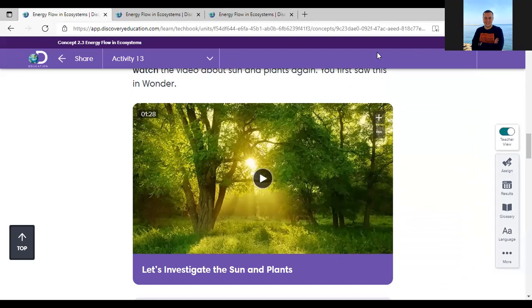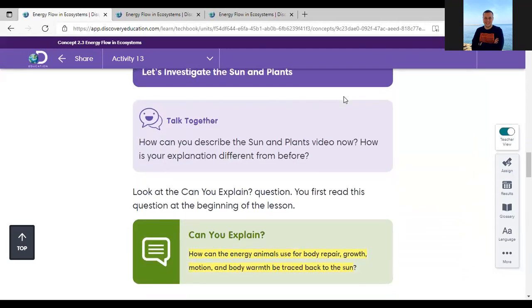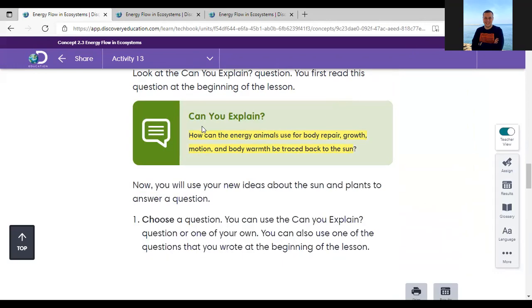Okay, guys. Now let's talk together. How can you describe the sun and the plants as you saw in the video? Do you remember the Can You Explain question, the one highlighted in yellow? How can the energy that animals use for body repair, growth, motion, and body warmth be traced back to the sun?